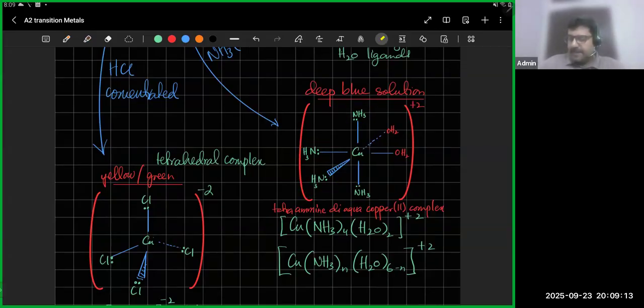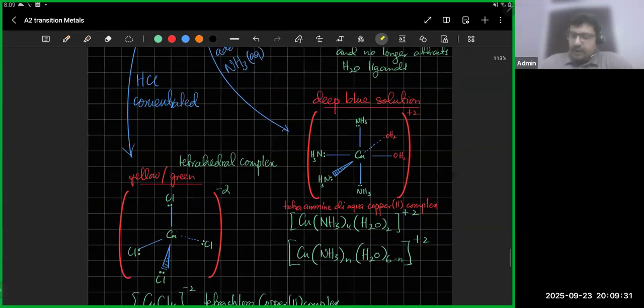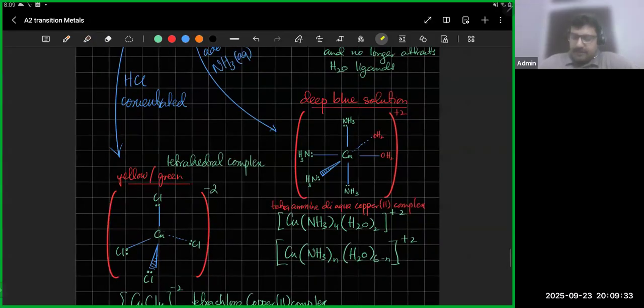So I wrote n NH3 and (6 minus n) H2O, which means the total is going to be 6 ligands. You could have a combination of NH3 and water molecules, or you could also have all 6 as NH3. That would be all right as well, and that's also an octahedral complex, with 6 of them bonded to it.